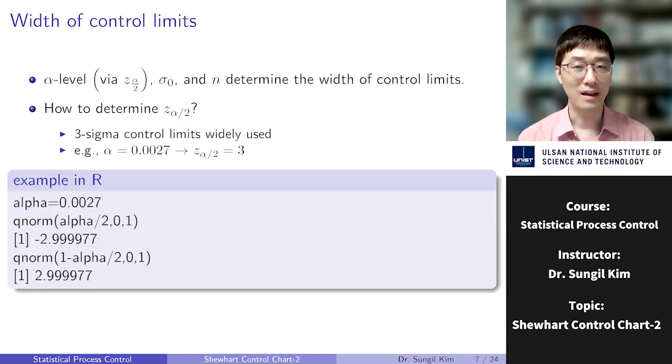As the formula indicates, the width of the control limit is determined by the alpha level via z alpha over 2, sigma 0, and sample size n. A typical value of z alpha over 2 is 3 for simplicity. So if z alpha over 2 equals 3, then the corresponding value of alpha can be computed to be 0.0027.